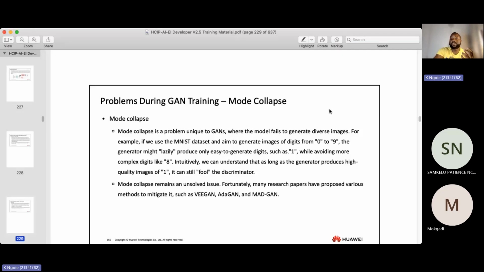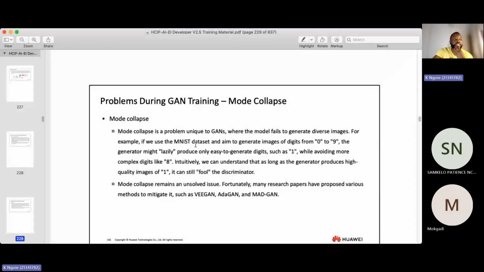Instead of producing diverse output, it generates only a few kinds of samples, even though the real data has many variations. In other words, the generator collapsed to a small number of modes, like a pattern or style of the data distribution. For example, suppose you are training a GAN to generate handwritten digits, from 0 to 9.